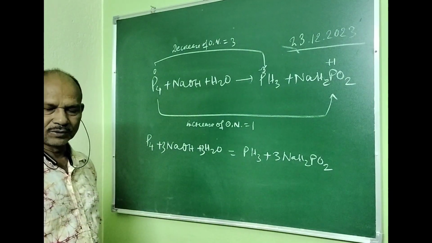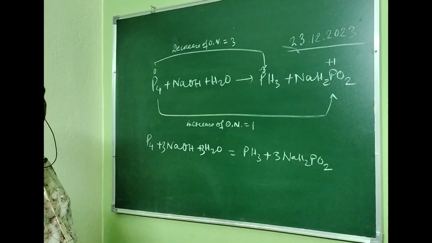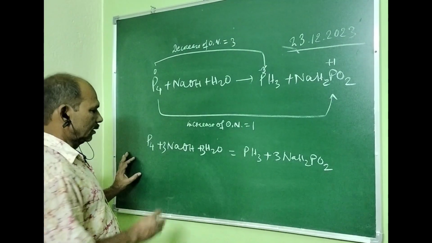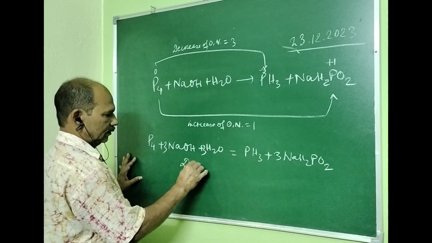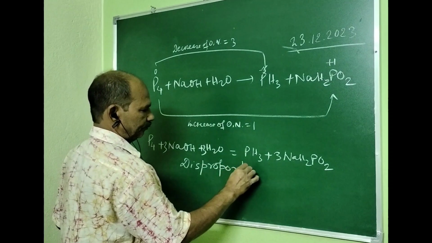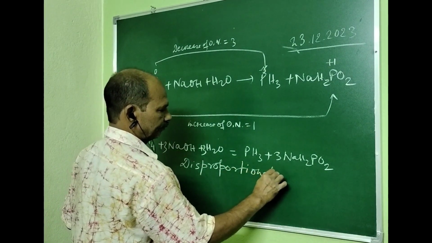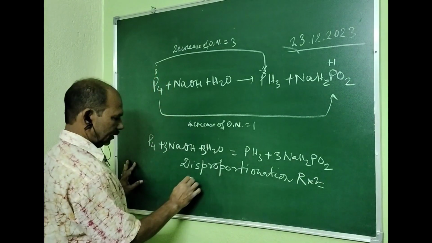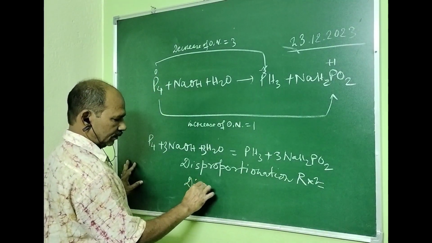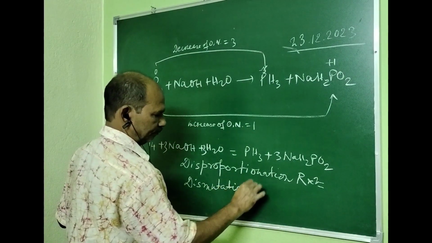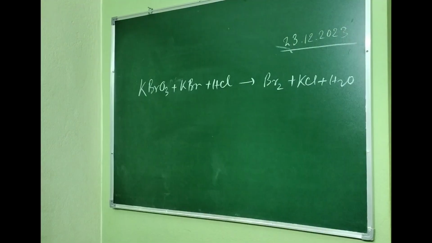So this type of reaction is also called disproportionation reaction or dismutation reaction. Both terms are used in chemistry. And take another example.